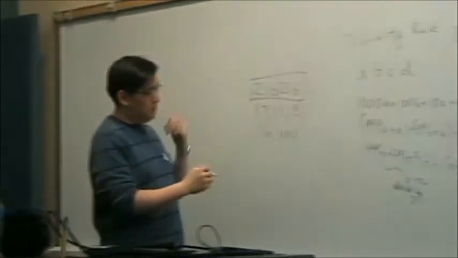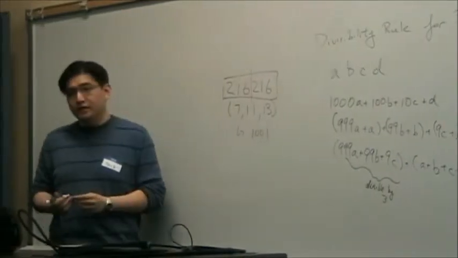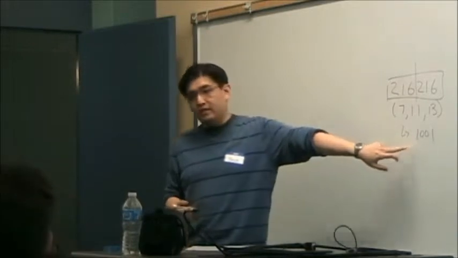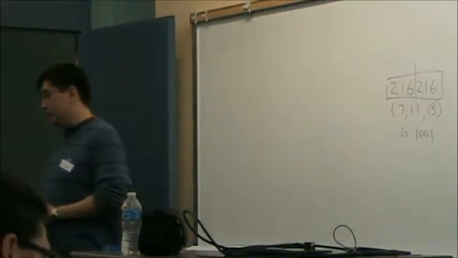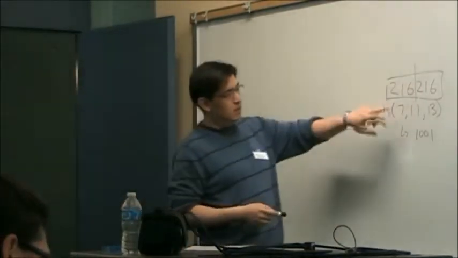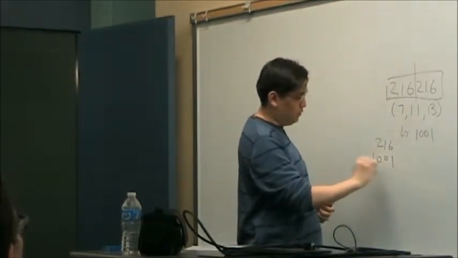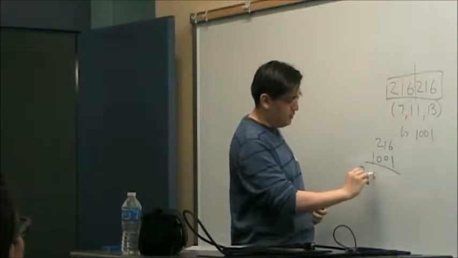So if that is the case, then if we pick a 3-digit number, then it's not hard to see that if I multiply a 3-digit number by 1001, in this case 216 times 1001, I will get 216, 216.